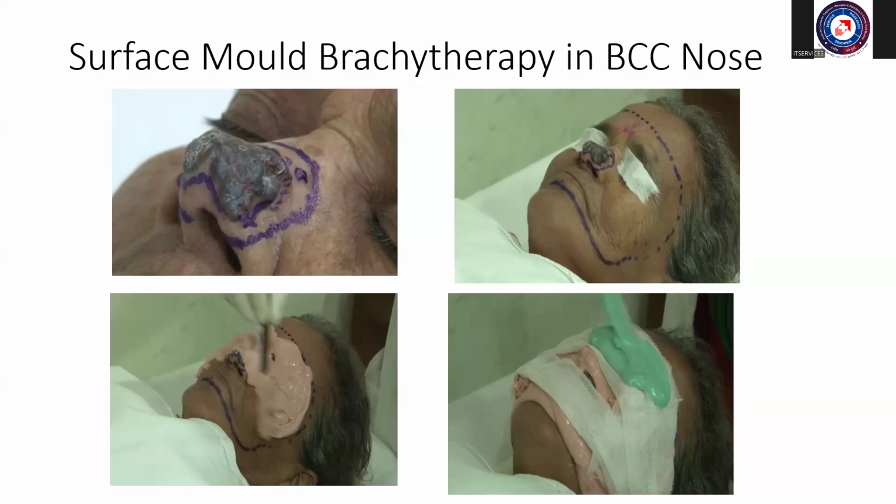So we secure the mold with good straps and see that the mold that we place is completely immobile and it is not affecting the treatment in any way. So here, while we do this procedure, we have to see that we prepare a mold with a negative cast as well as a positive cast and then make the impression.